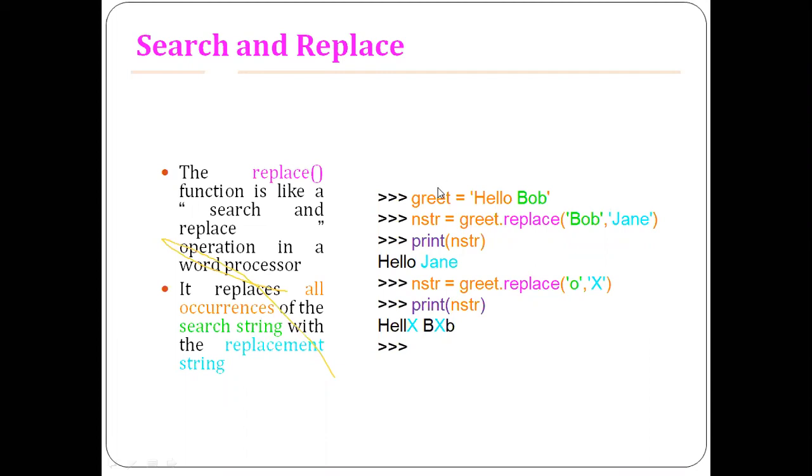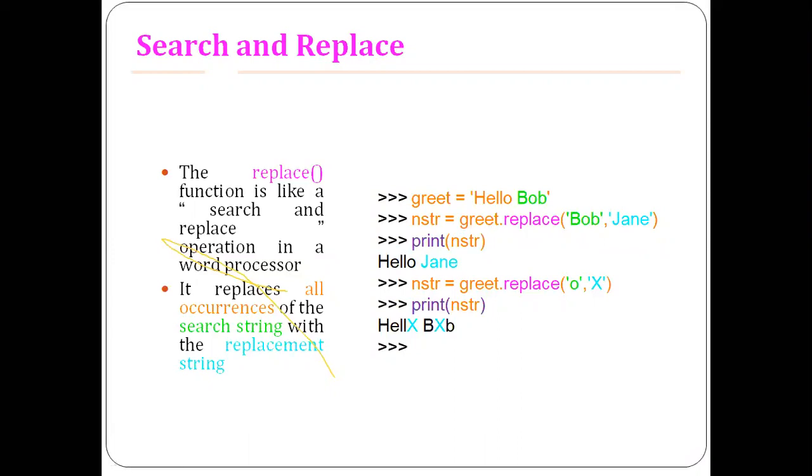Look at one example of search and replace. Greet is equal to hello Bob. In this case, I'm replacing Bob with Jane. So greet.replace: every occurrence of Bob will be replaced with Jane. In this case also, it is not going to alter the original string.